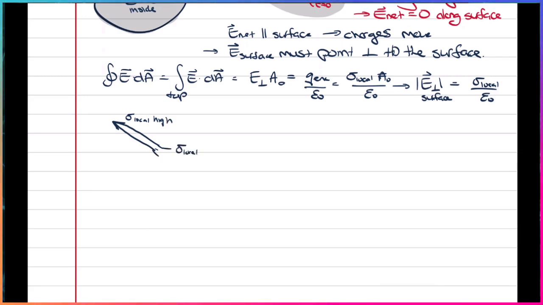Here, locally, it is low. As a result, a very strong electric field forms at points, which then increases the chance that that's where the electric field gets strong enough to create lightning, or have lightning strike.